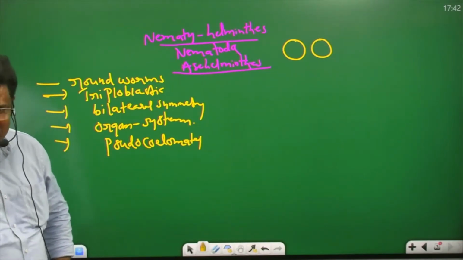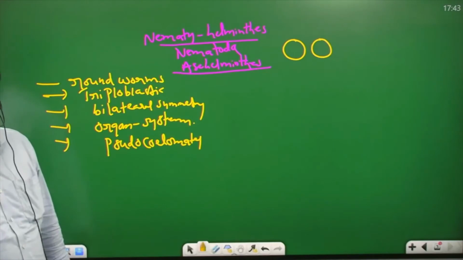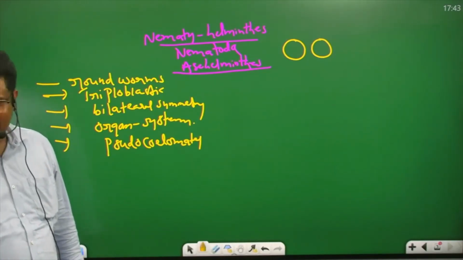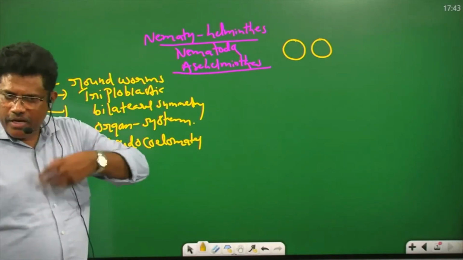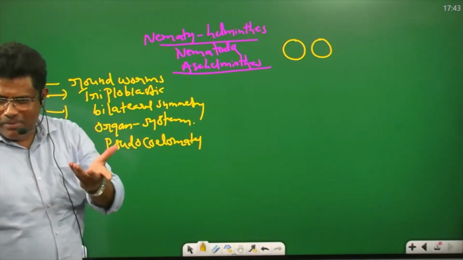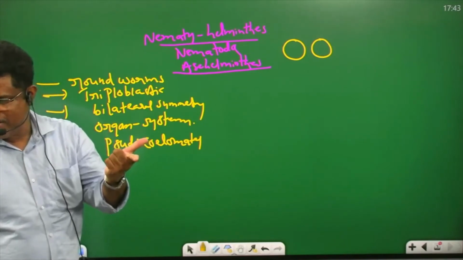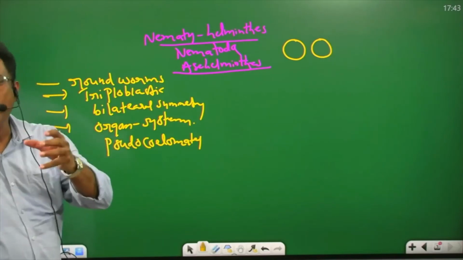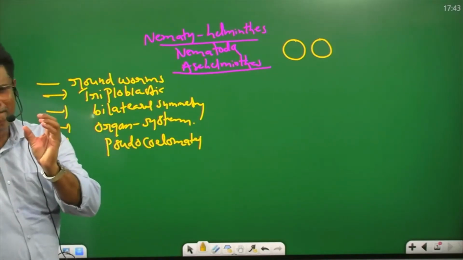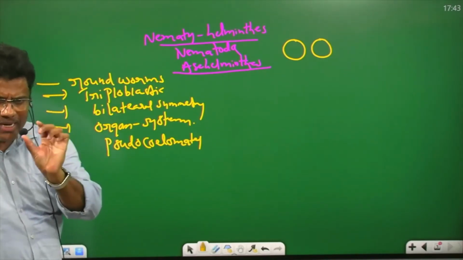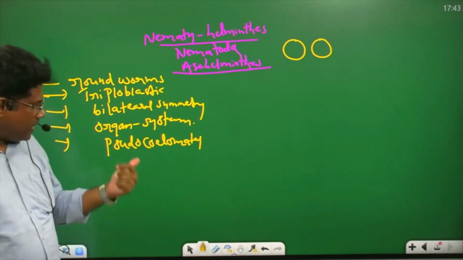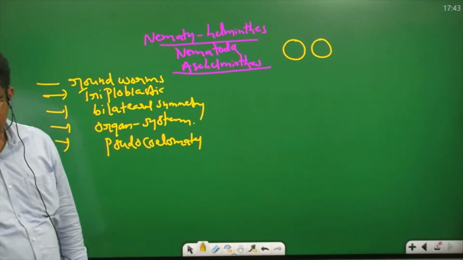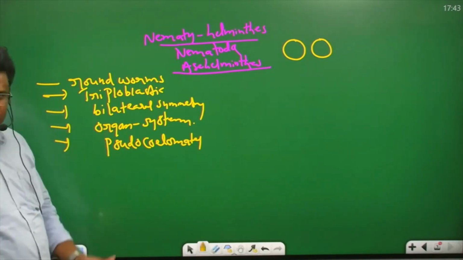Acoelomate means no coelom. Coelom means body cavity, an empty space inside of the body. Here, false coelom is present. Some part of the body has a small cavity. That is called pseudocoelomate. Any doubt?